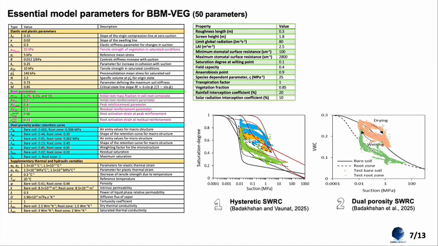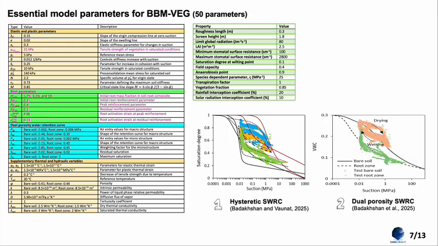For the model, it is possible to consider two soil water retention curves: the hysteresis soil water retention curve and the dual porosity one. Both of them are implemented in CODE_BRIGHT, and it is possible to use either. But for this research and this presentation, we have used the dual porosity soil water retention curve and a number of parameters for this model.